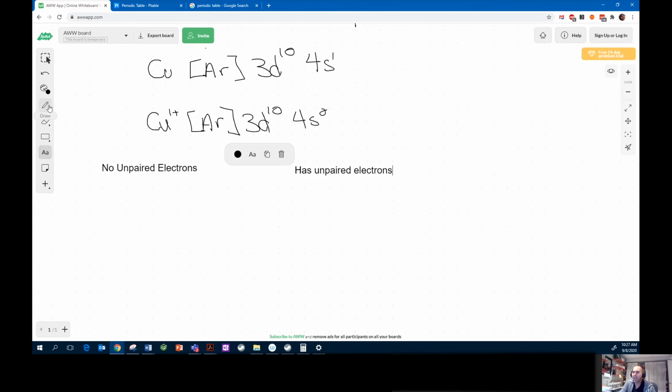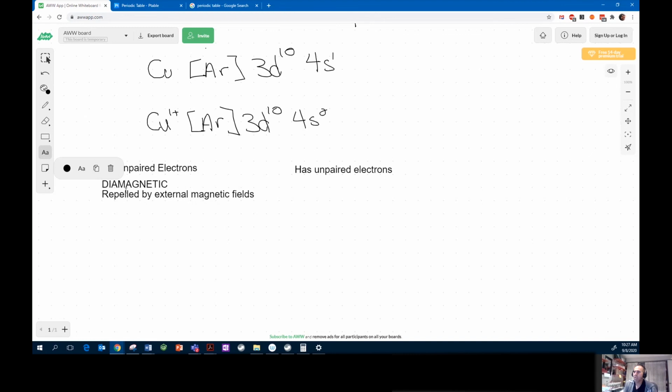When something has no unpaired electrons, the word we use to describe it is diamagnetic. And things that are diamagnetic are repelled by external magnetic fields.